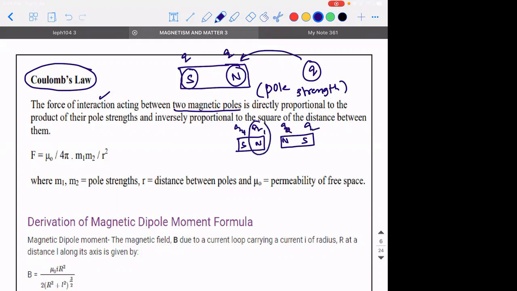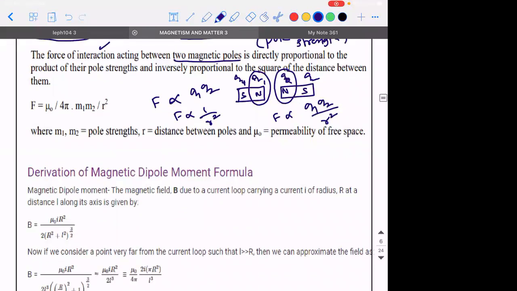Then the force of interaction between them is directly proportional to the product of their pole strengths, that is Q1 into Q2, and inversely proportional to the square of the distance of separation between them. So F is proportional to Q1 Q2 divided by R squared. And if you remove the proportionality symbol, F equals mu naught divided by 4 pi into Q1 Q2 divided by R squared.